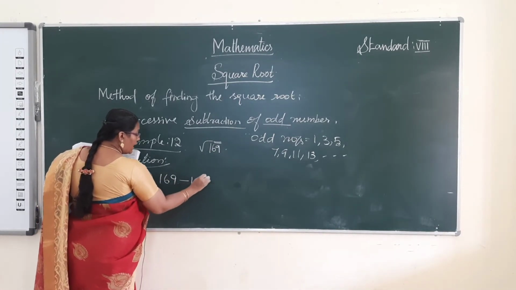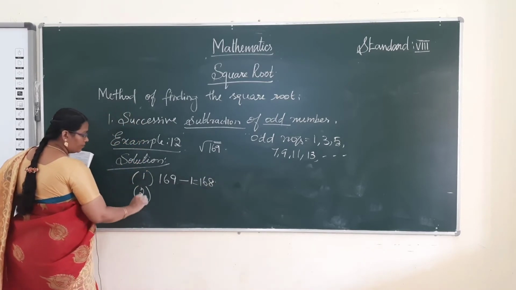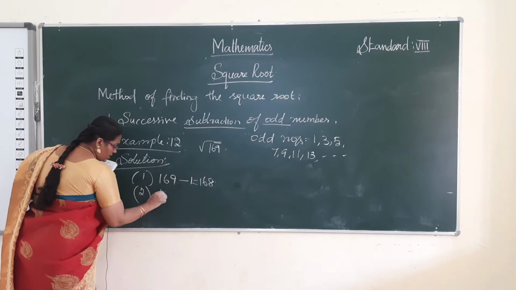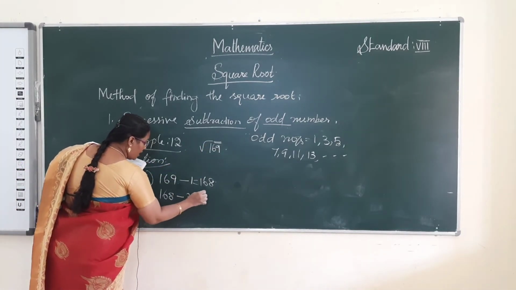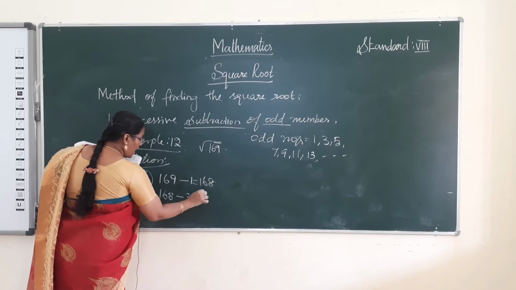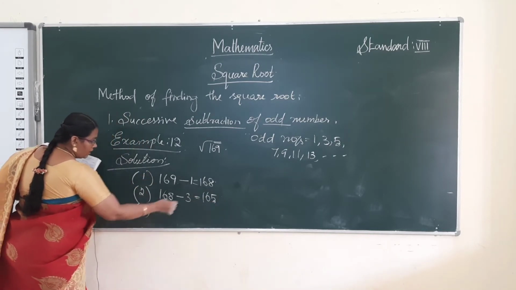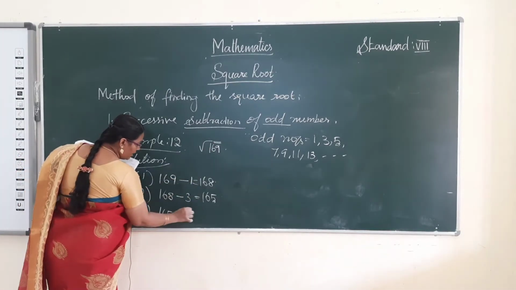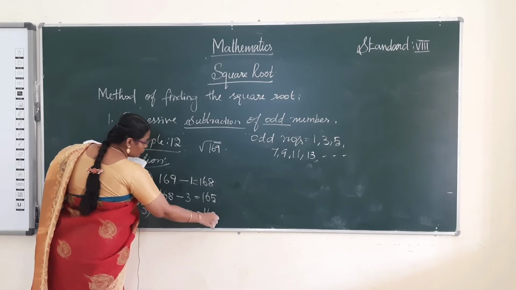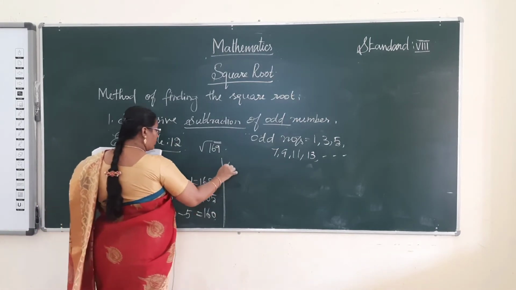What do we get? 168. Second odd number is 3. So 168 minus 3 is 165. Next odd number is 5. So 160.